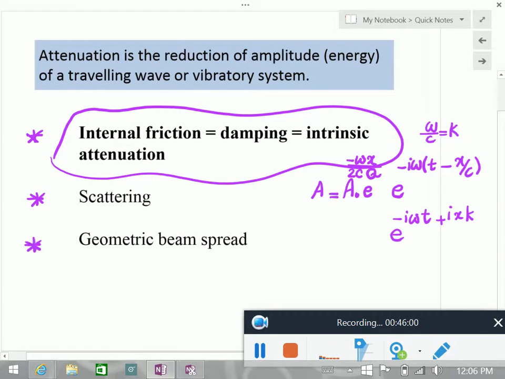So attenuation also is a measure that you can use for non-destructive evaluation, because the presence of cracks and heterogeneities also changes these different mechanisms. Geometric spreading, not much, but the scattering and internal friction, a lot.